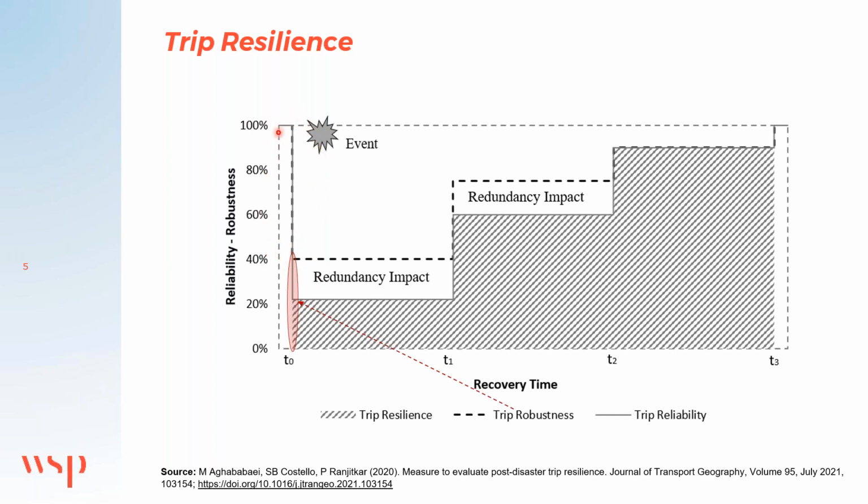These are people who cannot start their trips because the road is blocked, or they postpone their trips because there is congestion on the network, or even change their mode. So we treat them as eliminated trips, and these, let's say 40%, are robust trips that can start their trips.